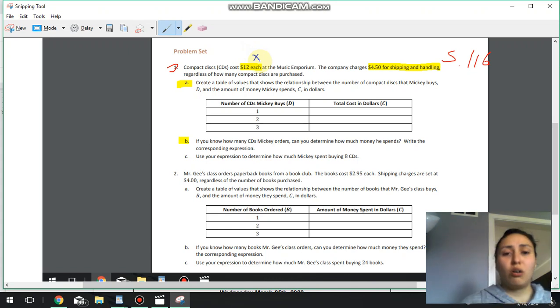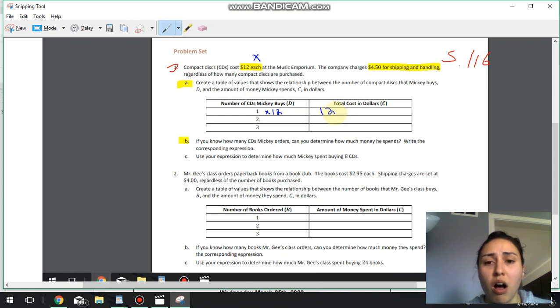multiplication. So if we buy one CD, what do we have to do? Well, we have to multiply by $12, and 1 times 12 is, yes, you guessed it, 12. And then what do we have to also include into our total cost? Well, the shipping, right? So is that addition, multiplication, division? Well, you're going to add it on to your total.